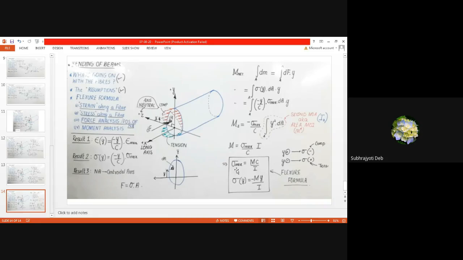This sigma max is equal to Mc by I, and this is only for which? For your top fiber.